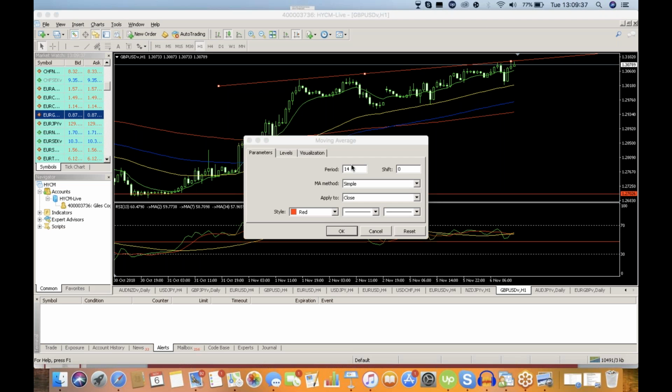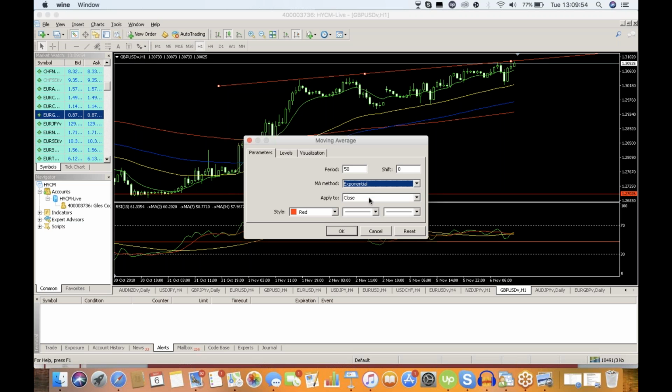Now, what you want to do, let's practice putting in a moving average of 50. The moving averages that I have on my chart are the exponential moving average, which you'll see abbreviated to EMA.